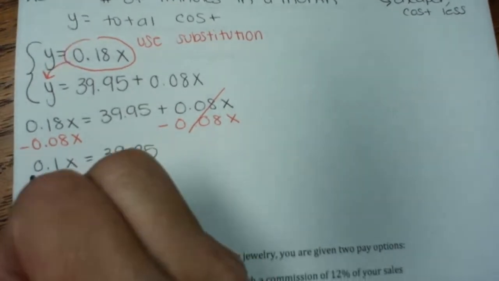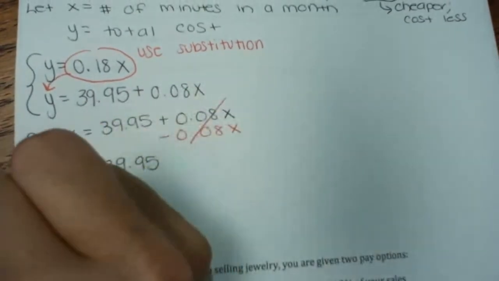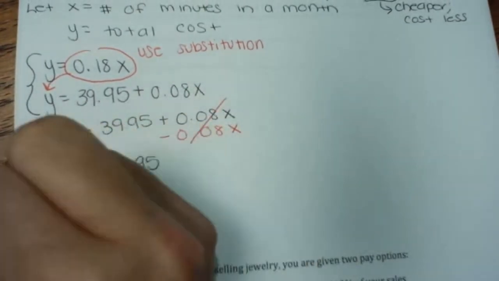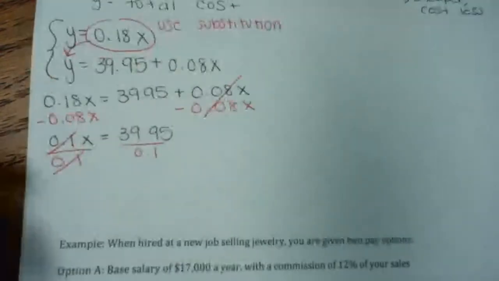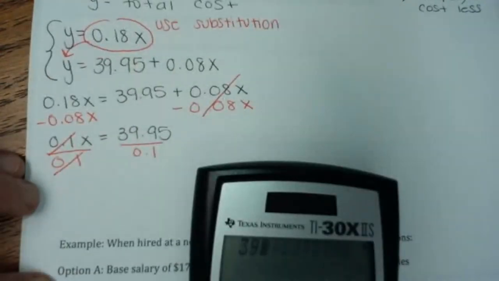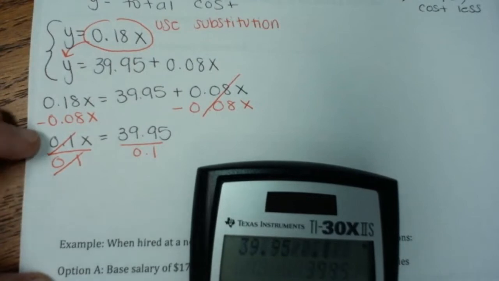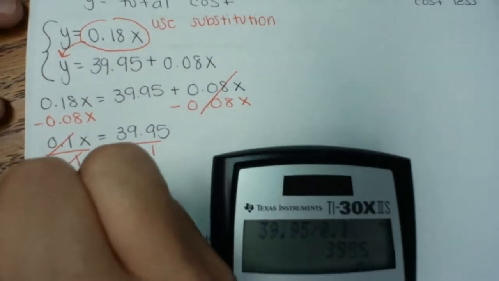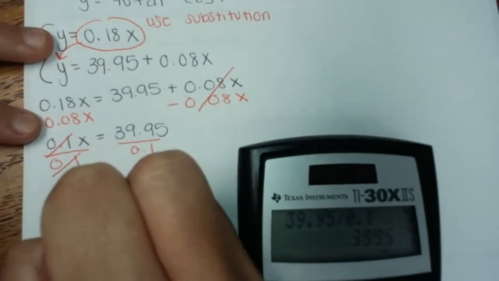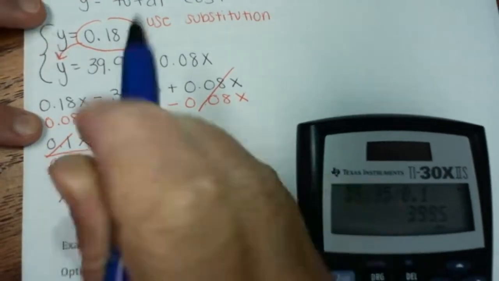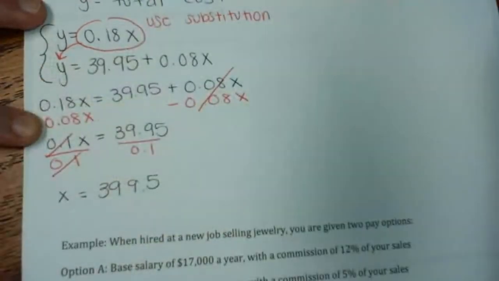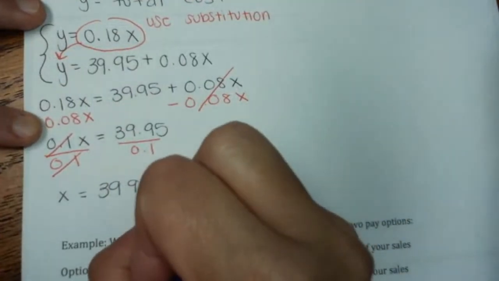Getting x by itself, we're going to divide both sides by 0.1. 39.95 divided by 0.1, and we get x equals 399.5. Remember, x is the number of minutes, so 399.5 minutes.